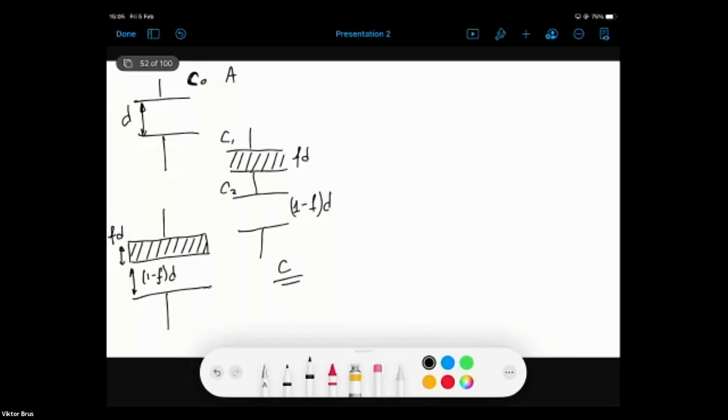So let's write down the expressions for the capacitances C1 and C2.